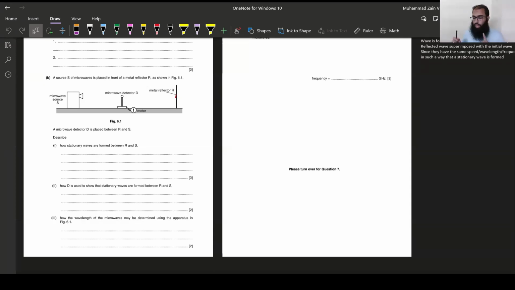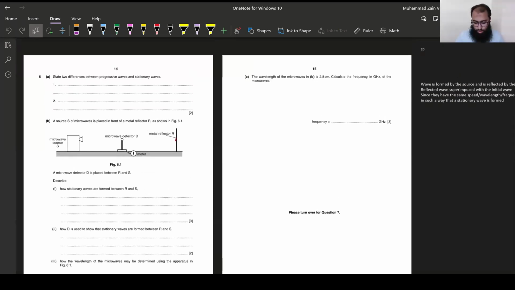So from this, I know that these two points were nodes, where I was initially and where I am now. So I would measure the distance between the previous point and the next point. This would be equal to half the wavelength, and from this I could calculate the whole wavelength. So that's how we do this.